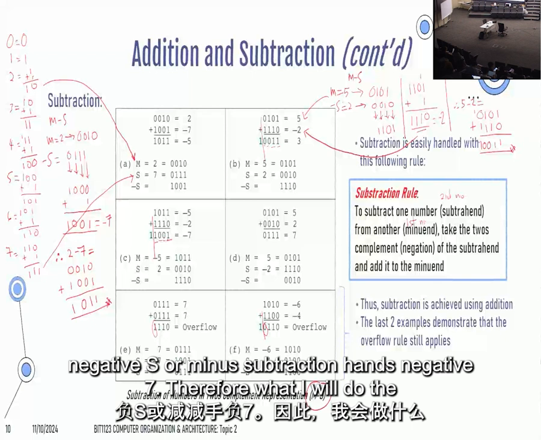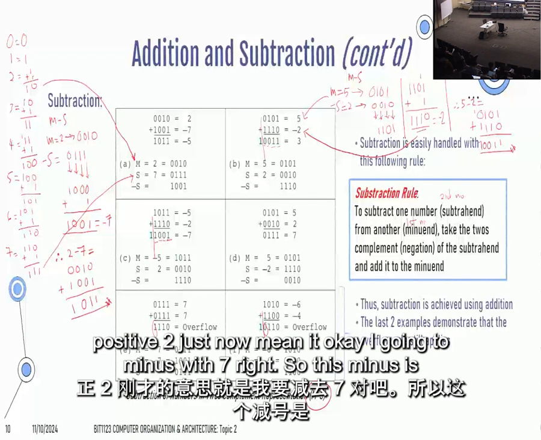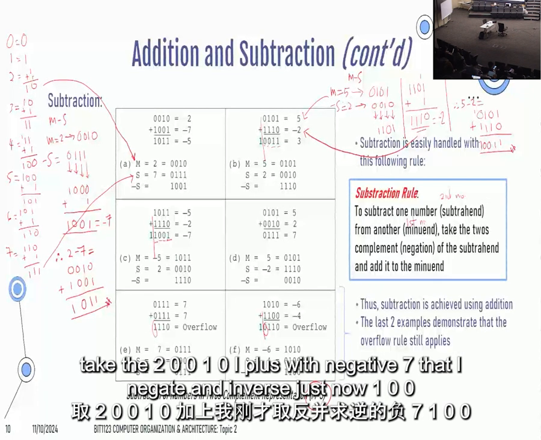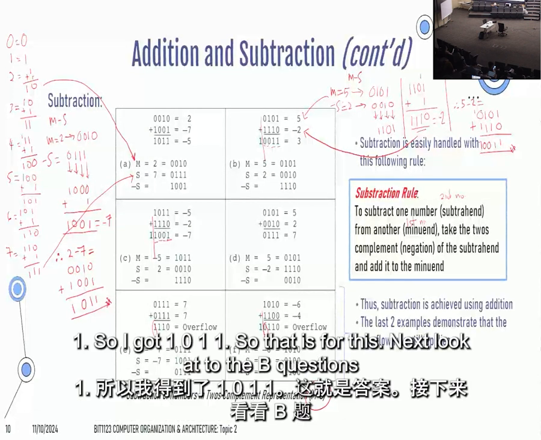Therefore, the positive 2 just now, the minuend, I'm going to minus with 7. So this minus is converted to become a plus now. I take the 2, 0, 0, 1, 0, and plus negative 7 that I negated and inverted just now, 1, 0, 0, 1. So I got 1, 0, 1, 1. So that is for this.